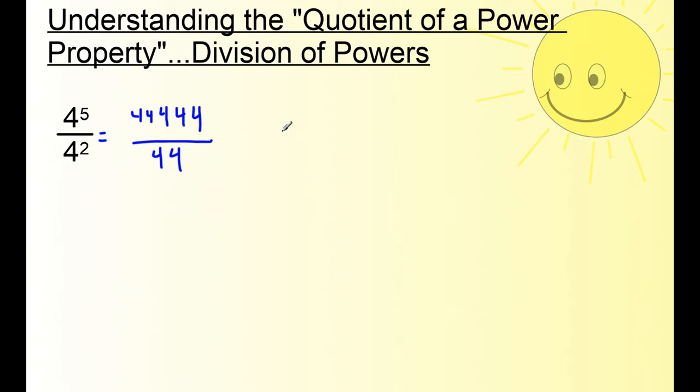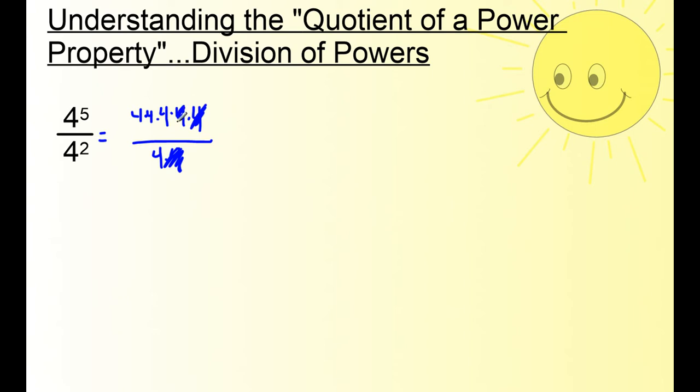I'm going to start dividing. These are all being multiplied together. So if I cancel out 1 4 on the top and 1 4 on the bottom, technically what I have right here would be 4 to the 4th power over 4 to the 1st. But that's not important.